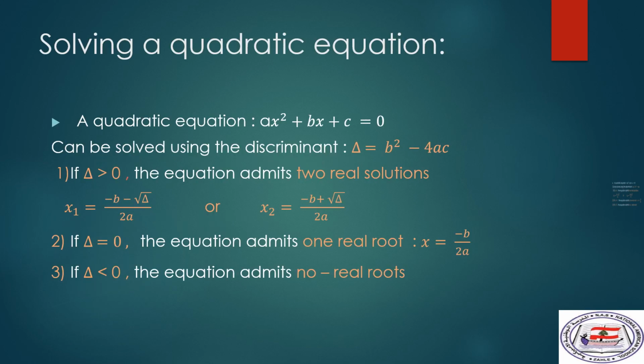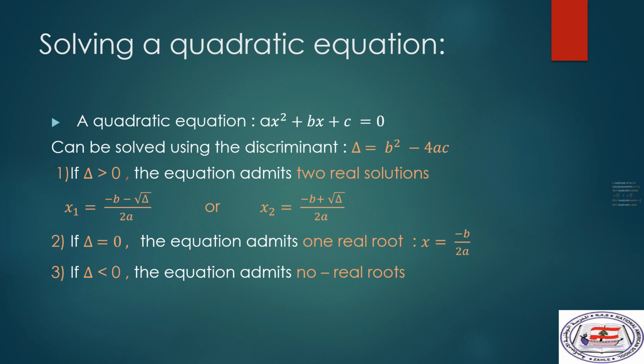Solving a quadratic equation. We know that a quadratic equation is defined by ax squared plus bx plus c equal to 0. So to solve it using the discriminant, we need to calculate delta first, which is equal to b squared minus 4ac.